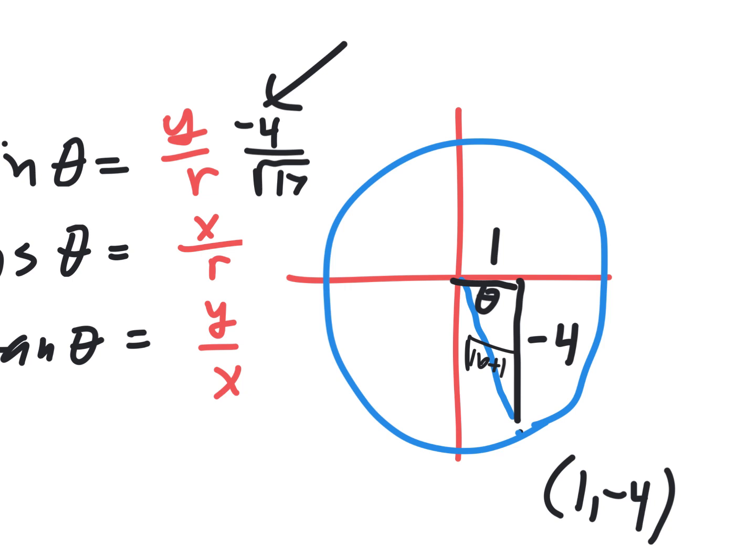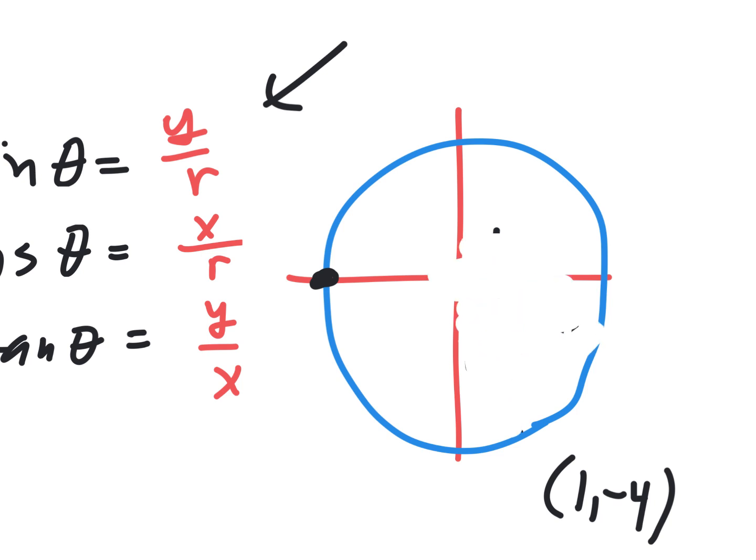Okay? The y over r thing really comes in handy when I give you this spot right here. It's pi. And I don't give you any numbers. Now would you figure out what sine is? Again, changing the problem.